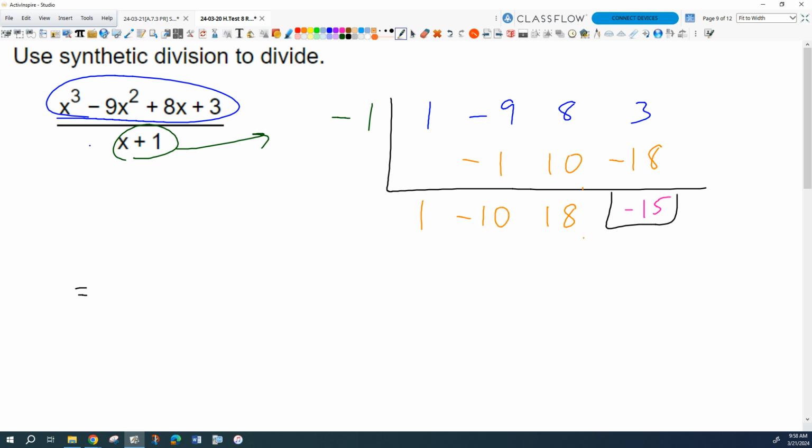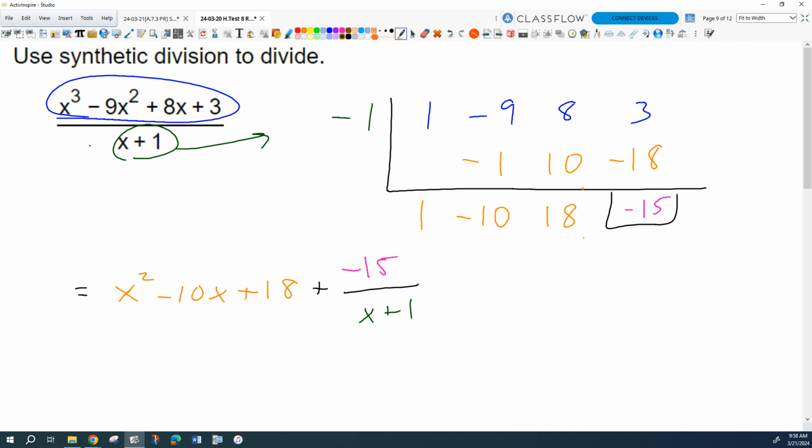Okay, good. So there's the polynomial part. X squared minus 10x plus 18 plus what? -15 over x plus 1. -15 over my denominator, x plus 1, and we got it.